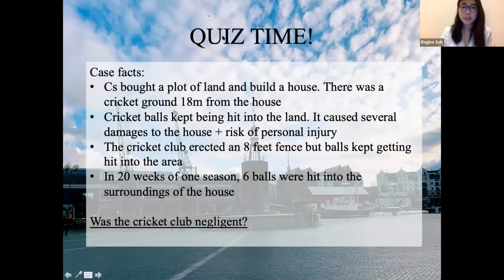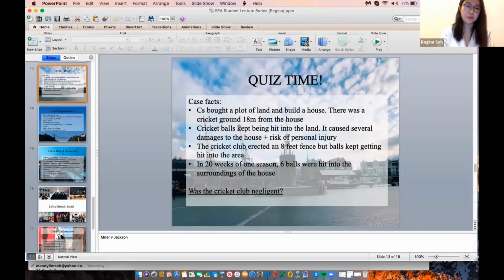Okay, I think I've gotten several results. So all of you said that yes, you think that the cricket club is negligent. And you're right. Actually, this was the case of Miller and Jackson.